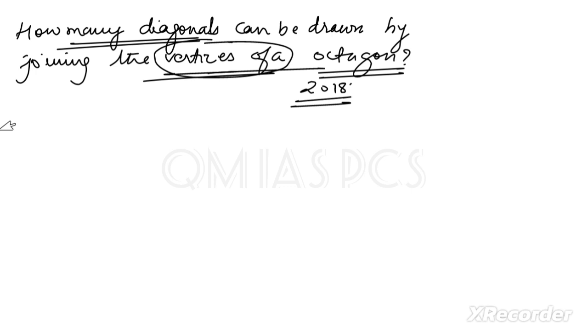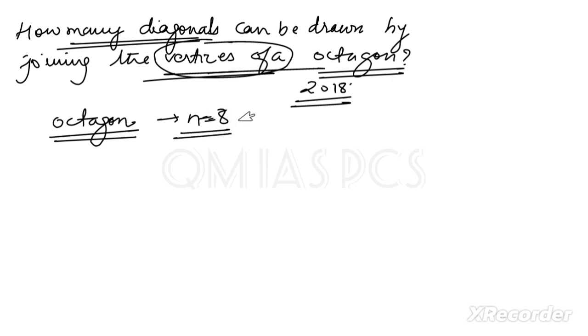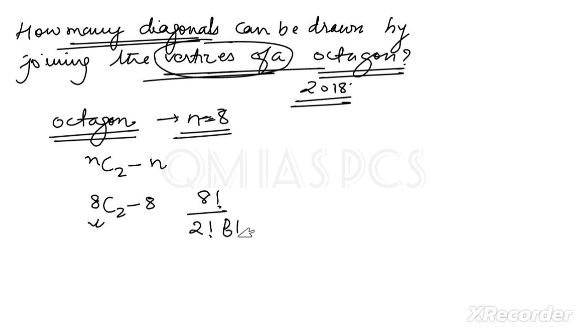If you know what an octagon is, octagon means n is equal to 8, the number of sides is 8. And you remember the formula is nC2 minus n, got it? So it will be 8C2 minus 8. For this we will have factorial 8 divided by factorial 2 factorial 6, and here is minus 8.